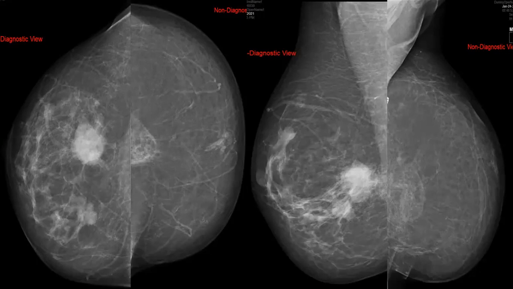However, it showed a mass in the right breast.